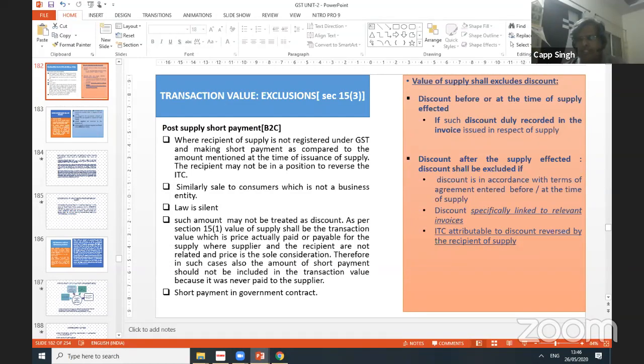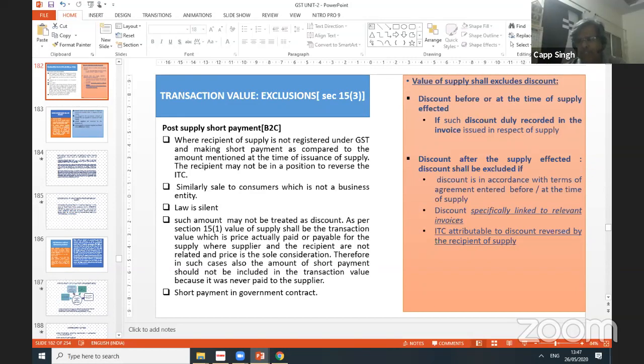So if the tax rate is 12%, then on 12% of 90 we have to discharge the tax liability. Similarly, a discount may be known at the time of supply but not recorded on the invoice. So we can issue a credit note, etc., later on.